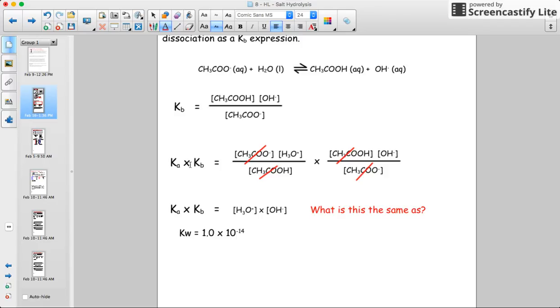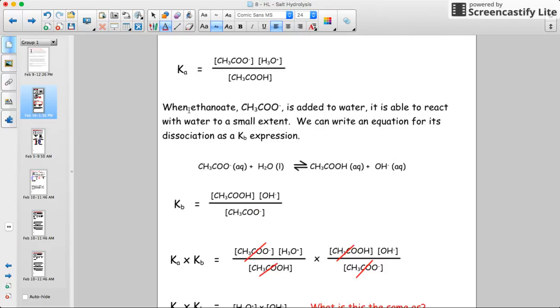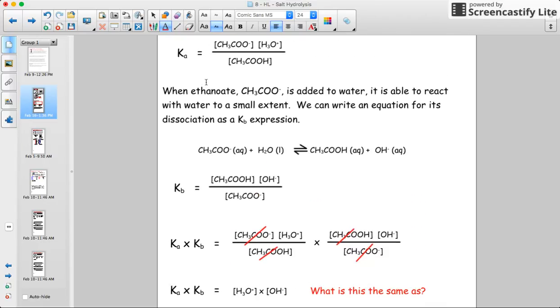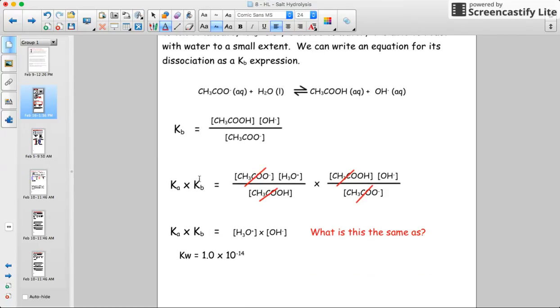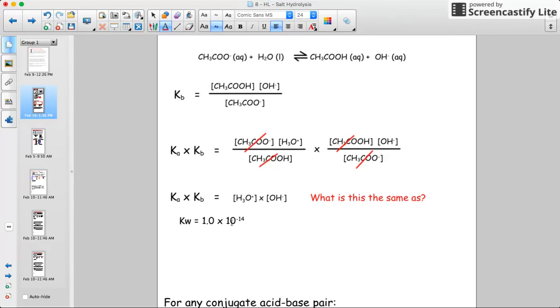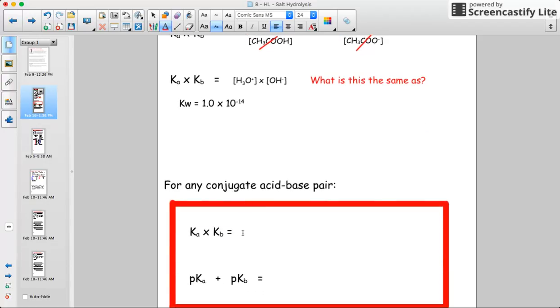So it turns out that if you take the Ka value of a weak acid and the Kb value for its conjugate base, when you multiply them together, they always have to multiply out to the same thing as the Kw of water, because when you multiply their two K expressions together, that's actually what they cancel out to. So I'll rewrite that down here.